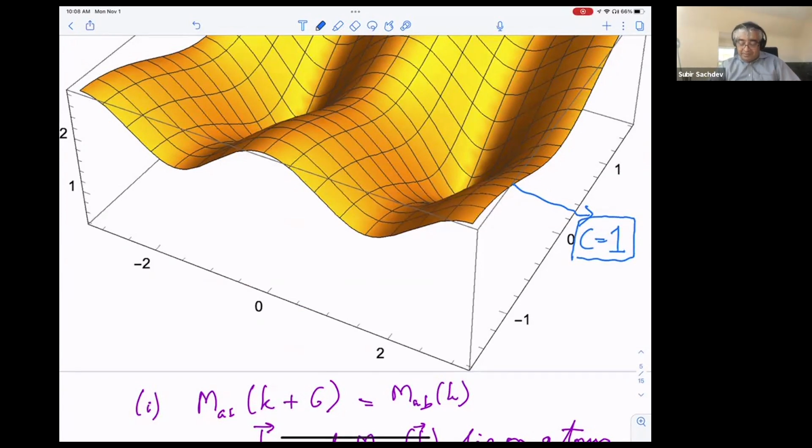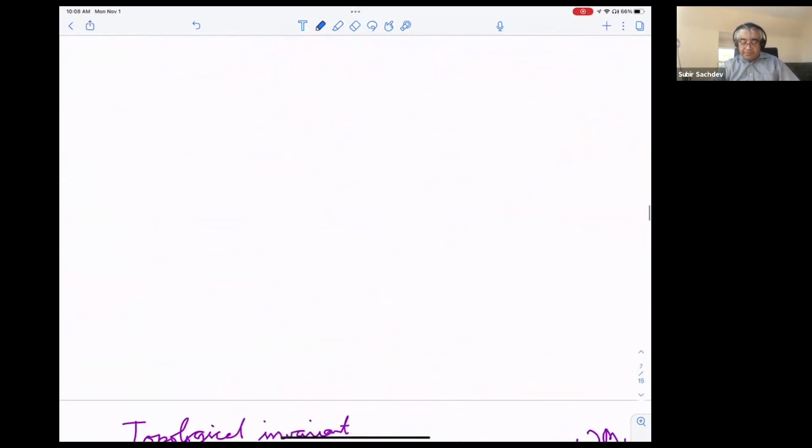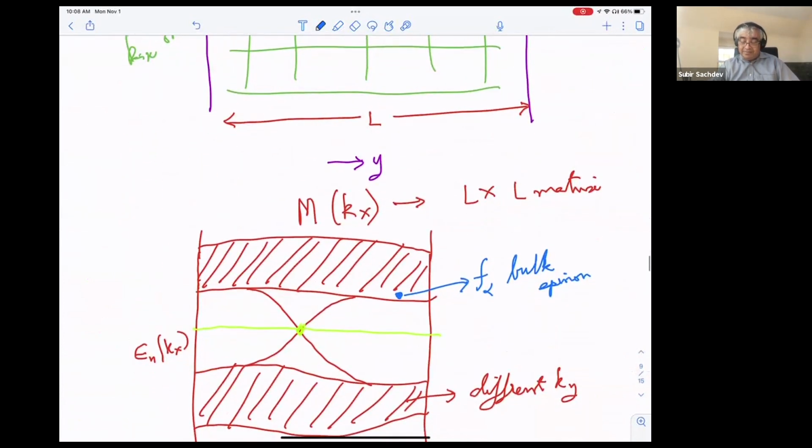And now, let me call it C sub 1, the first band has Chern number 1. So why is the total Chern number 2? Well, that's because of the factor of 2 from spin. So the F have an index alpha here, and I have to sum over them.